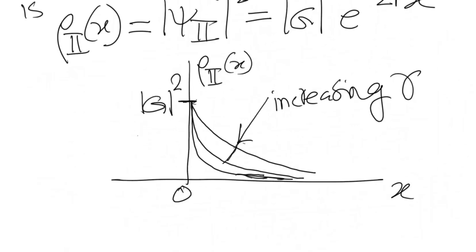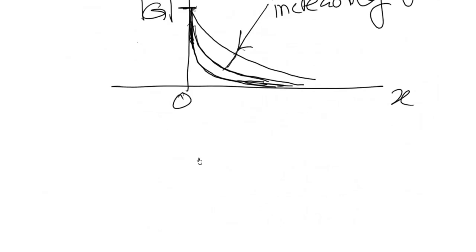This is usual, that the probability density will decrease as you increase the potential barrier height, that means we increase gamma. Okay, this is the end of today's lecture, and in the next lecture we shall consider the general potential barrier problem.